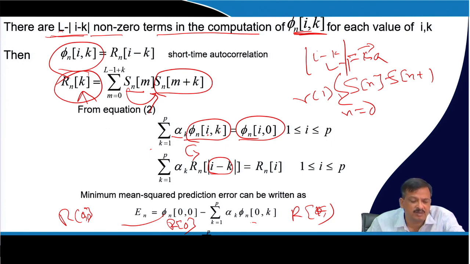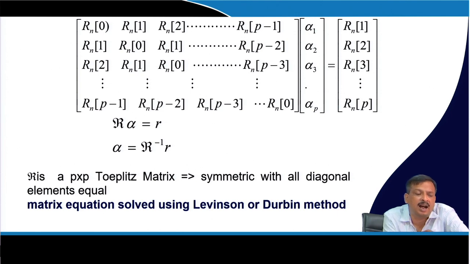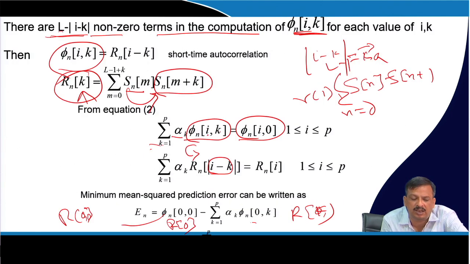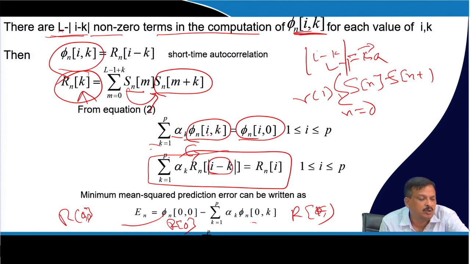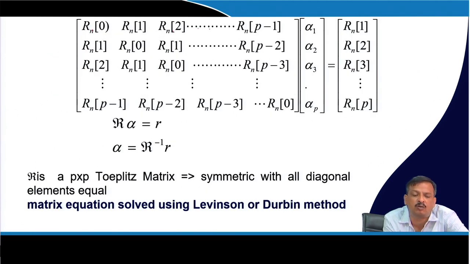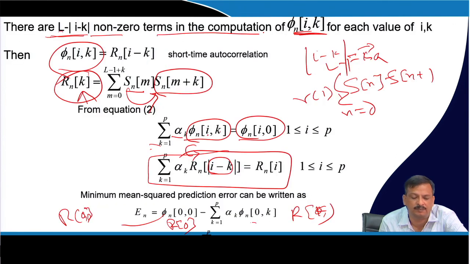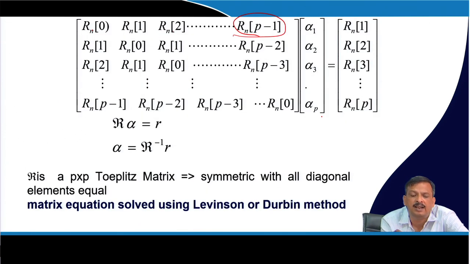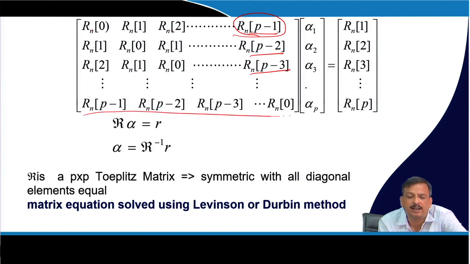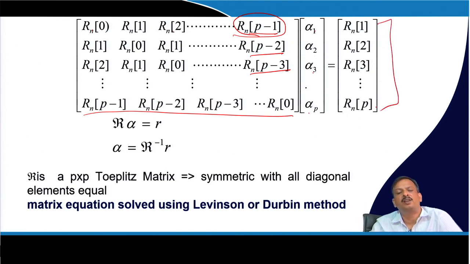Okay. Now I can repeat this equation in matrix form. So I can say R0, R1, R2, up to R p minus 1, the terms R_n(i minus k). If k equals 1 to p, there will be p minus 1, p minus 2, p minus 3 terms like that, multiplied by alpha 1, alpha 2, alpha 3, up to alpha p, equal to R1, R2, R3, up to Rp.